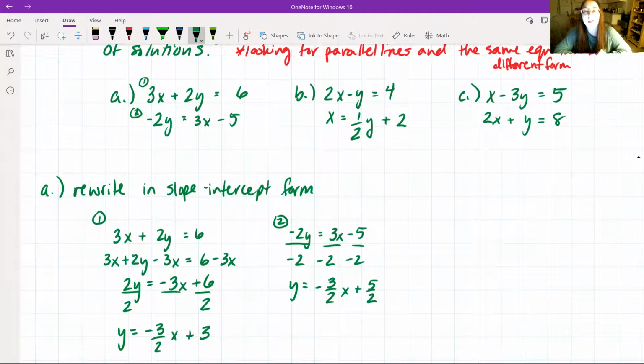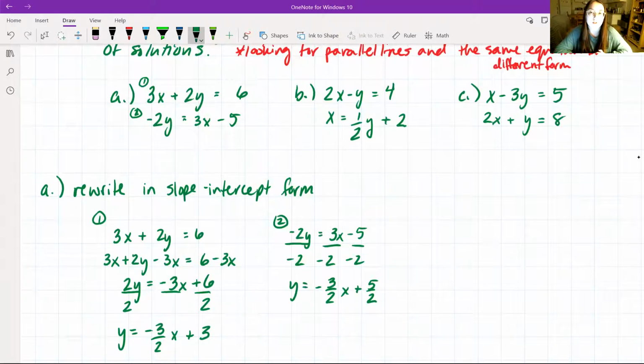So when we want to look for parallel lines, we're looking for lines that have the same slope, but not the same y-intercept. In this case, for equation 1, our y-intercept is (0, 3), and for equation 2, our y-intercept is (0, 5 halves).